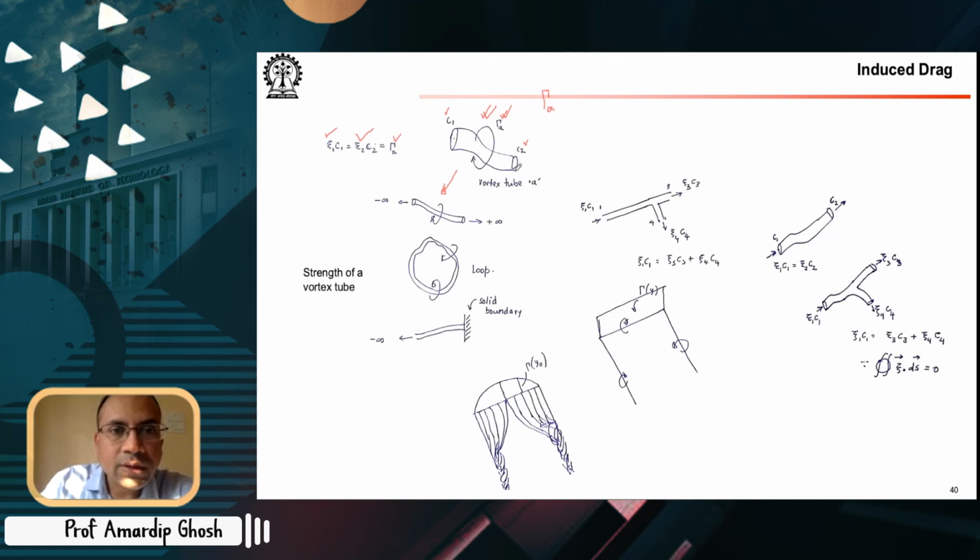So by this requirement your vortex tubes would extend from -infinity to +infinity. They cannot have a sudden termination, because if they terminate suddenly, then what happens to the outflow and inflow balance? So these vortex tubes would typically extend from -infinity to +infinity.